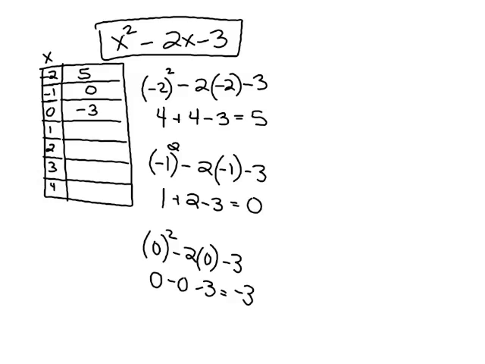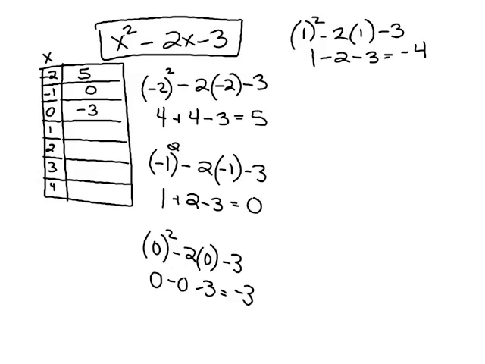Where are we at? 1. So we'll substitute in 1. 1 squared minus 2 times 1 minus 3. So 1 squared, minus 2 times 1, minus 3. What's my answer? -4.